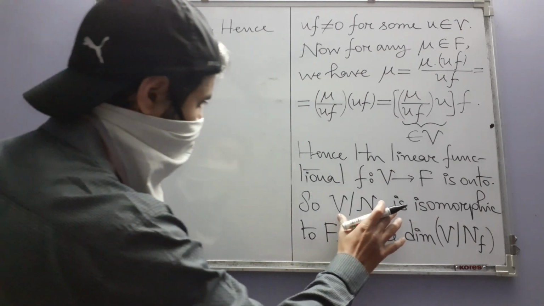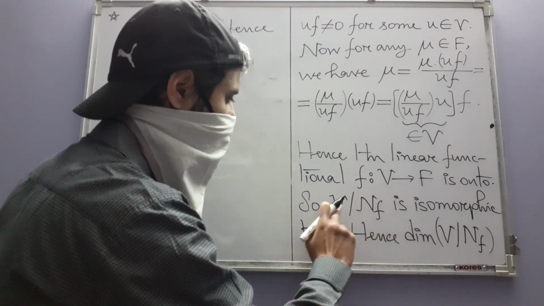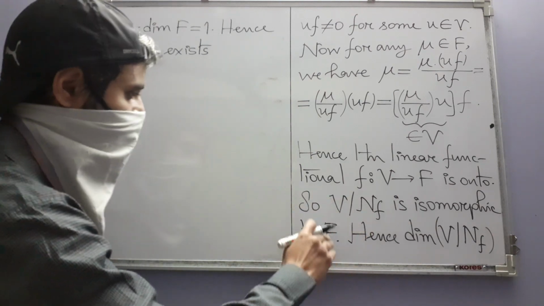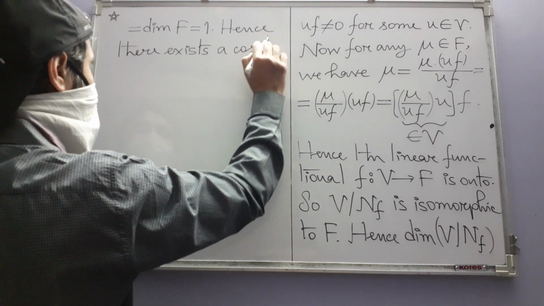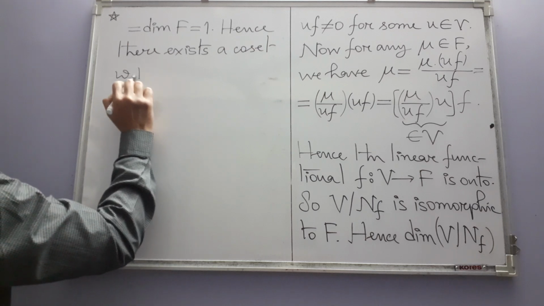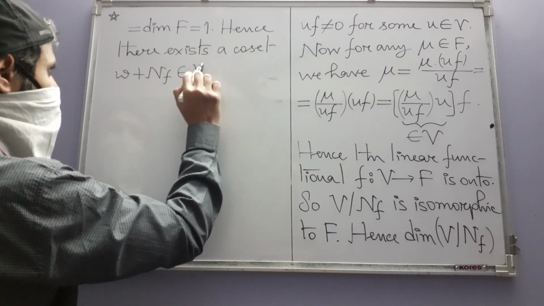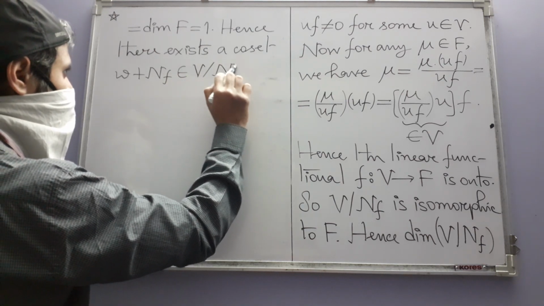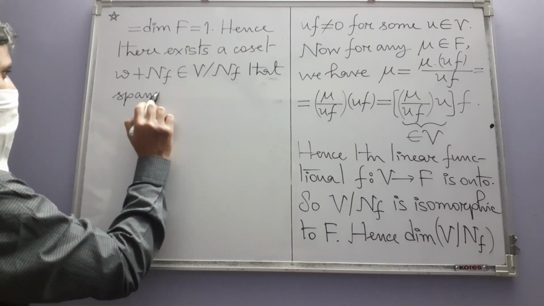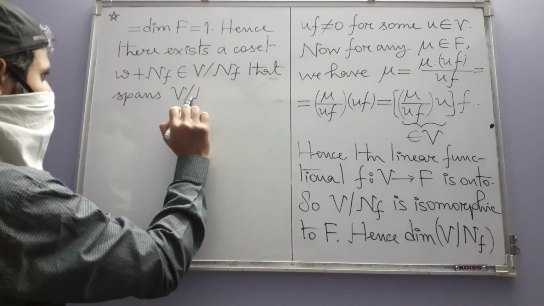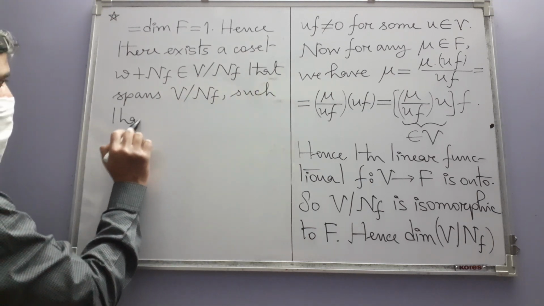but what do the vectors in this space look like? They are cosets of this kernel in V, that is cosets given by some vector coming from V. So there exists a coset that spans this entire quotient space such that it is non-zero.